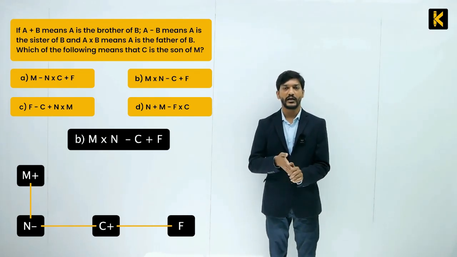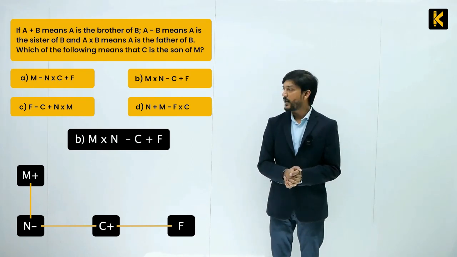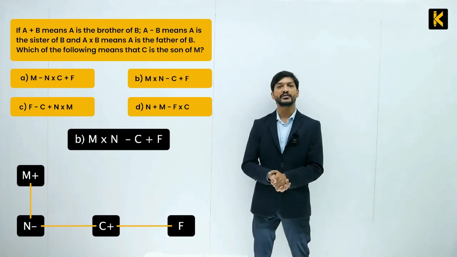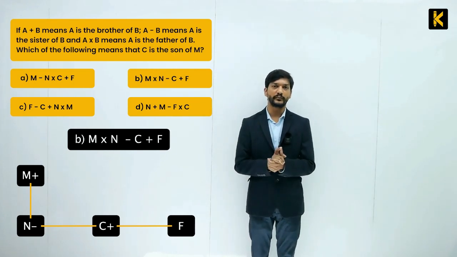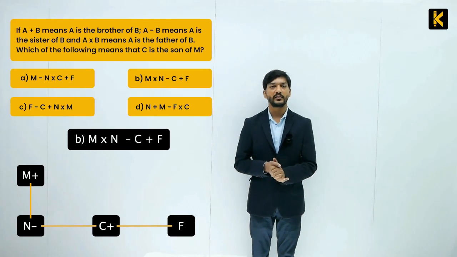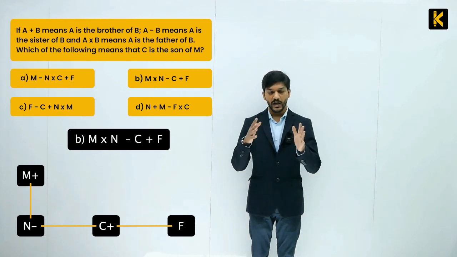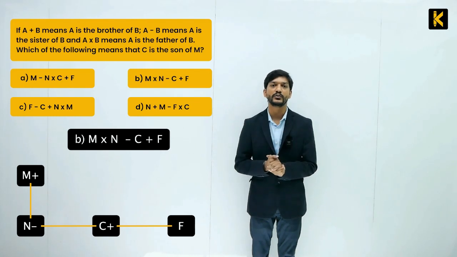Okay, I hope this is all clear, and this will be the last question, and with this we are concluding the session. So I hope you are realizing the importance of symbols in reasoning, not just blood relation, in reasoning. How to represent the information in the form of symbols, and the information is connected using symbols.